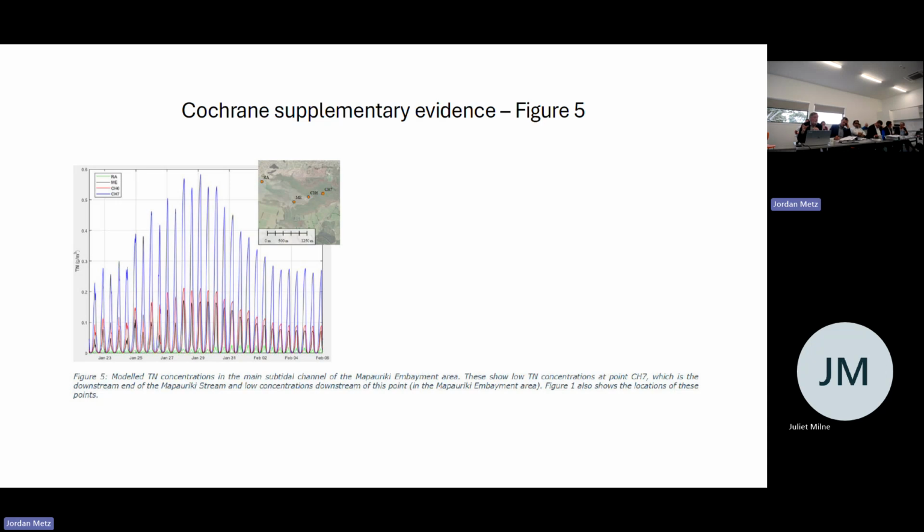And there's a consent condition that was helpfully raised in the Section 42A report that said maintain it plus or minus 5%, which deals with the practicalities of connections and what have you.